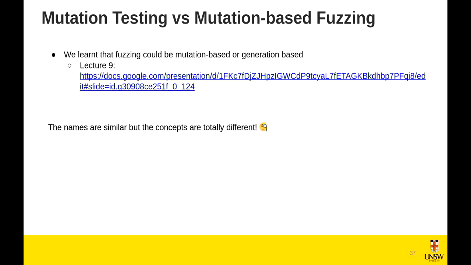Mutation testing modifies the target program to evaluate test cases; its purpose is to evaluate the quality of test cases. For mutation-based fuzzing, the mutators are used to create new test cases. So these concepts are totally different.